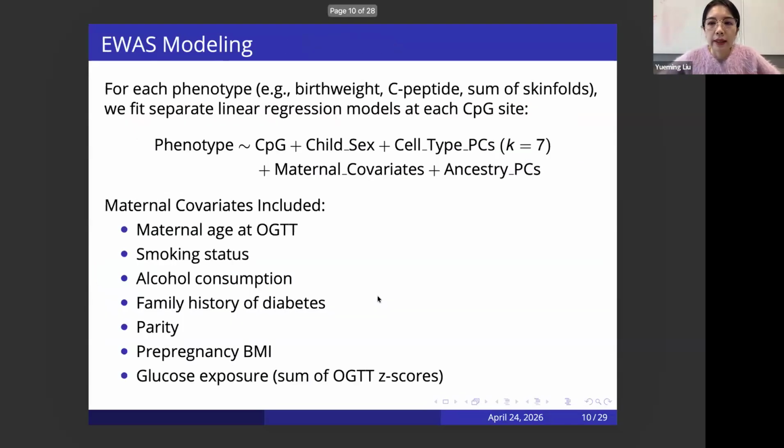So here is the model for the EWAS modeling. For each phenotype, we fit separate linear regression models at each CpG site. We adjusted for child sex, 7 cell type principal components, which stand for 7 major cell types in practice, and also maternal covariates and ancestry PCs.